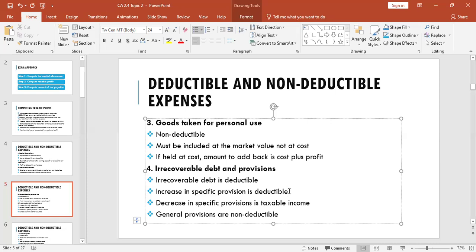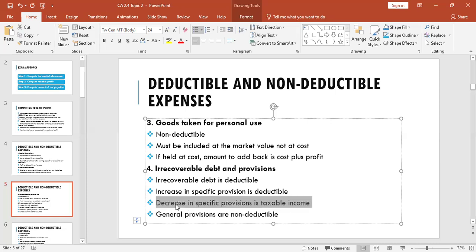If I've got a specific amount of provisions, instead of saying 20%, the increase is deductible. So the point here is increase in specific provisions is deductible. Then a decrease in specific provisions is taxable income.